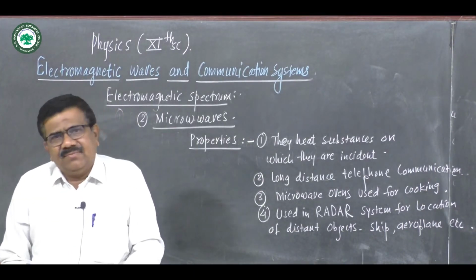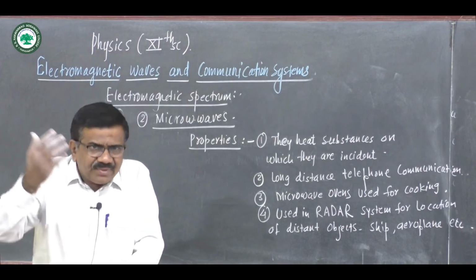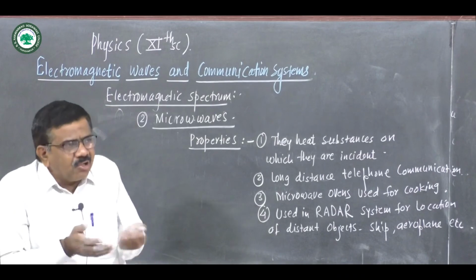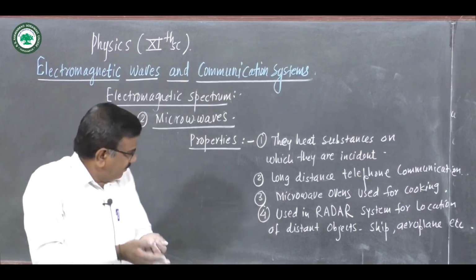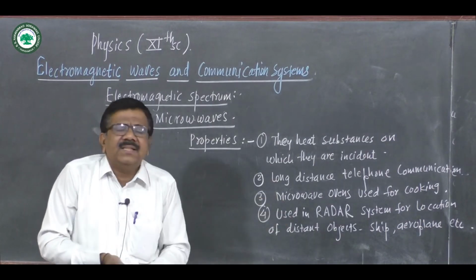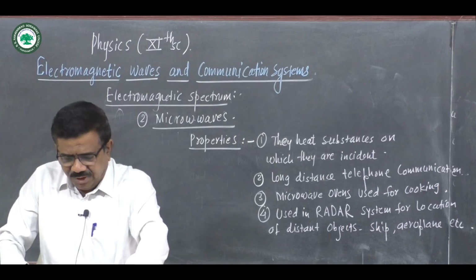Microwaves are emitted from the source. They are reflected from that object, and by using the formula velocity is equal to distance upon time, we can calculate the distance of that distant object by using the microwaves.